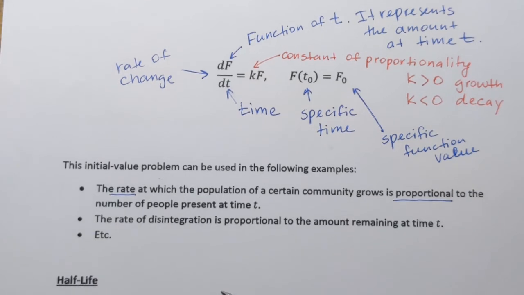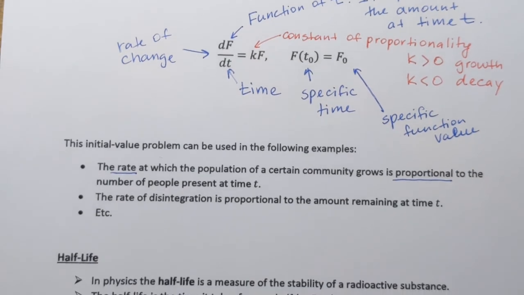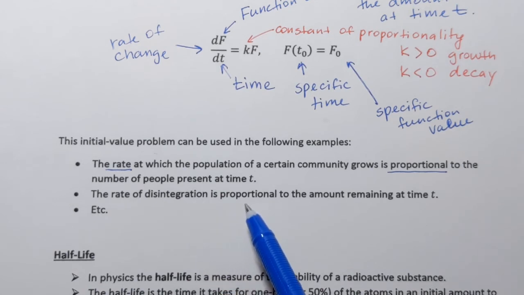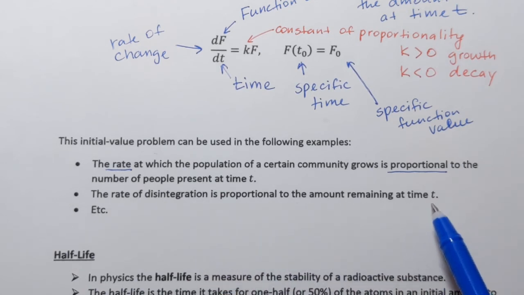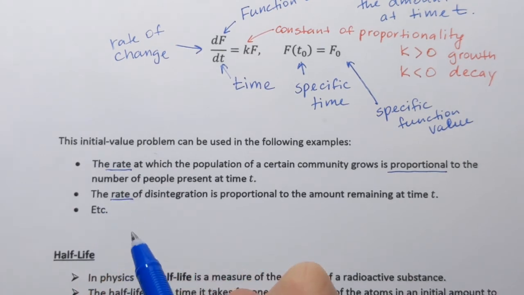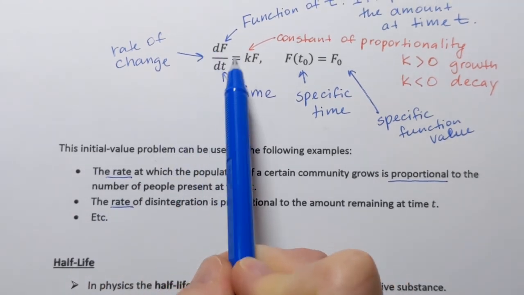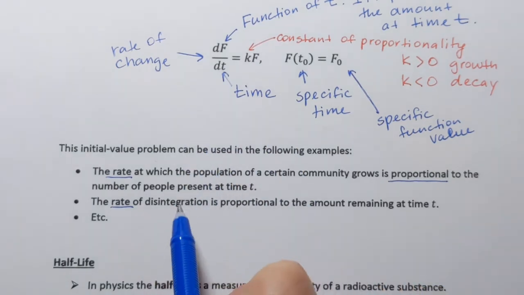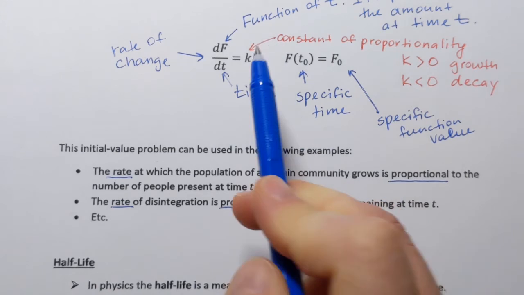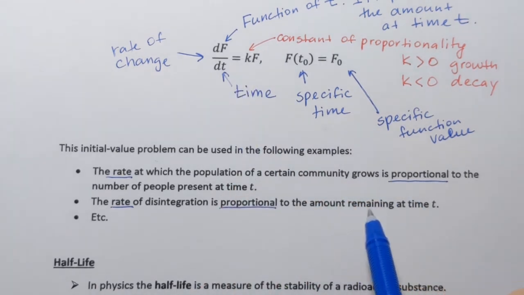Let's try it again with the next example. It says the rate of disintegration is proportional to the amount remaining at time t. So rate is another keyword. On the left-hand side, that first order derivative is proportional, k, to the amount remaining at time t.